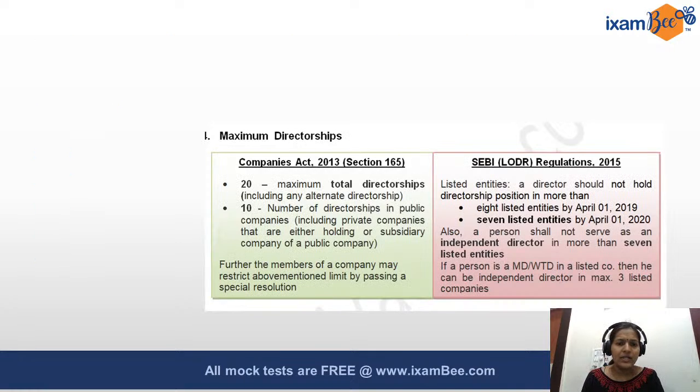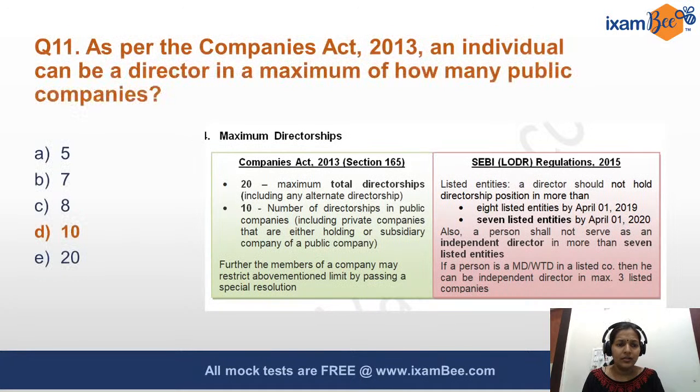So the answer is D, 10 and not E. Some of you have mentioned E. The overall limit is 20. That is the overall limit in any kind of company, including the alternate directorship. 10 is when you are in public companies. In public companies is the maximum you can be a director in 10 companies.